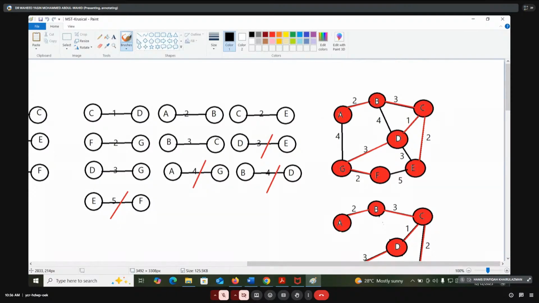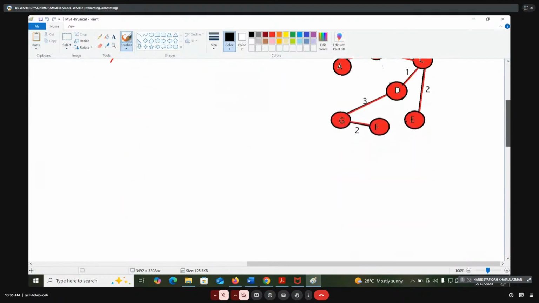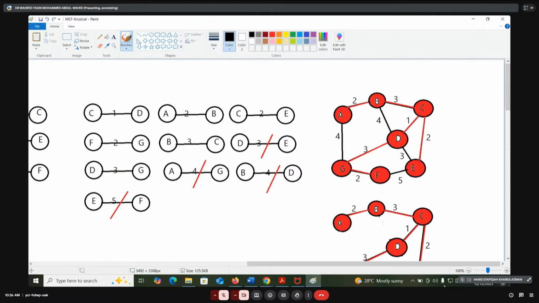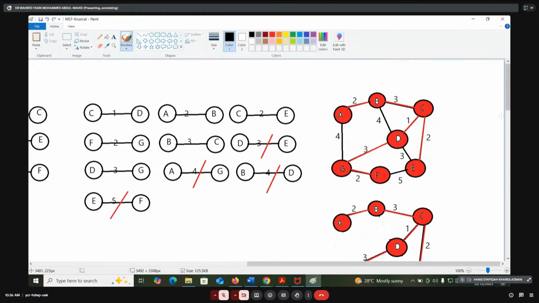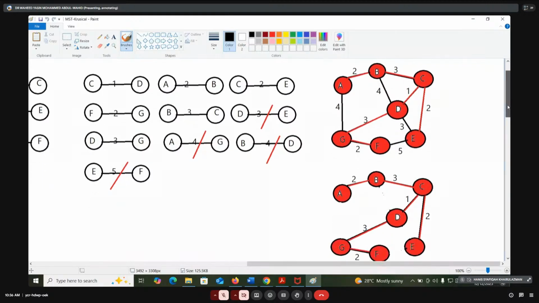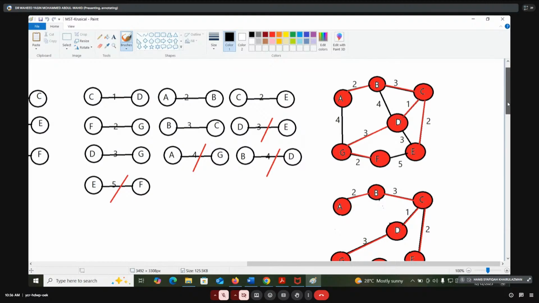Where is CD? I select CD first. I have to redraw all the lines.